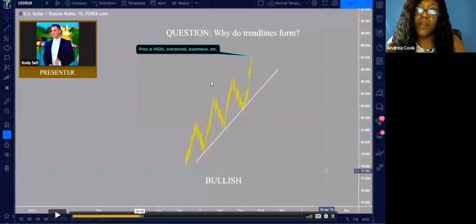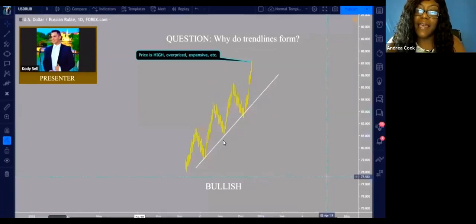So this right here is an example of a bullish trend line. Everyone, let's go ahead and start taking some notes, okay? Everything we discuss right now is going to be about a bullish trend line. So, you know how we learned about support and resistance? Support is at the bottom, resistance is at the top, and that's where the price keeps rejecting.